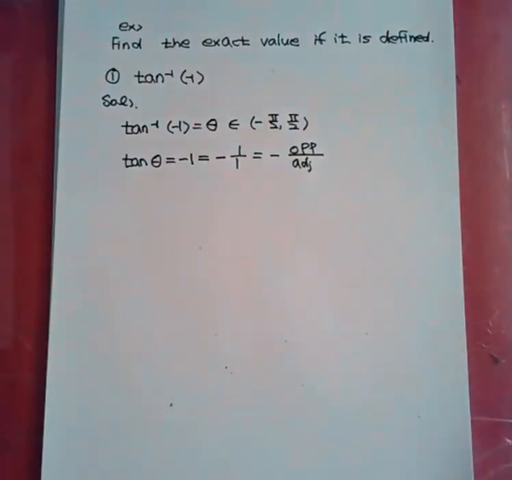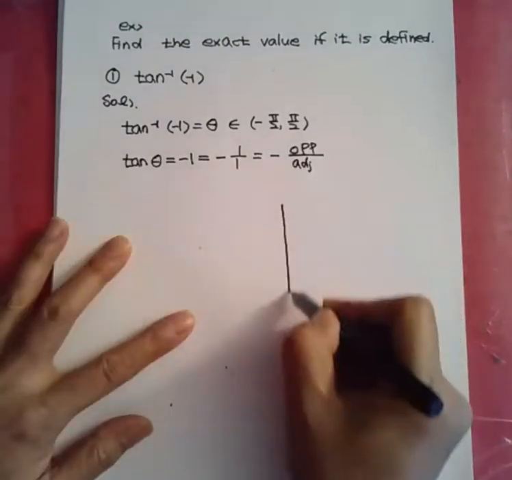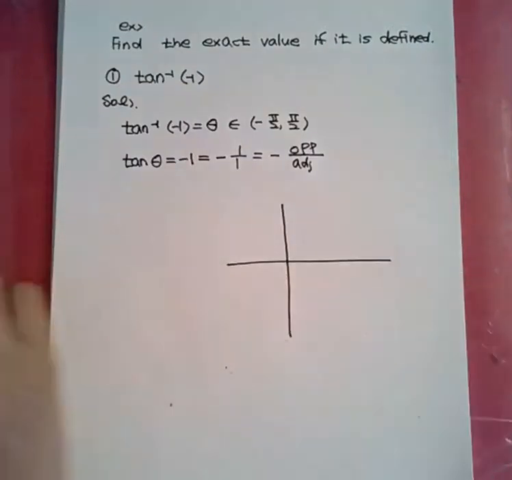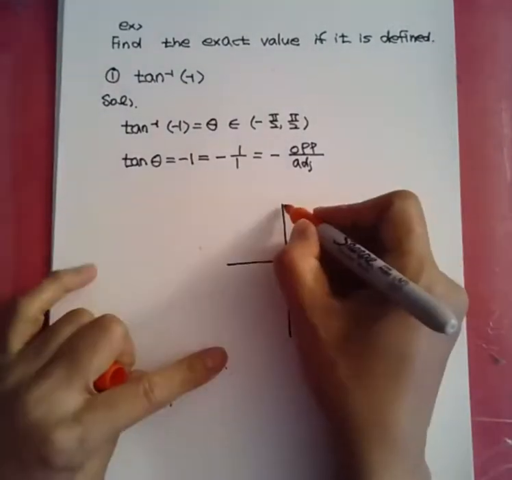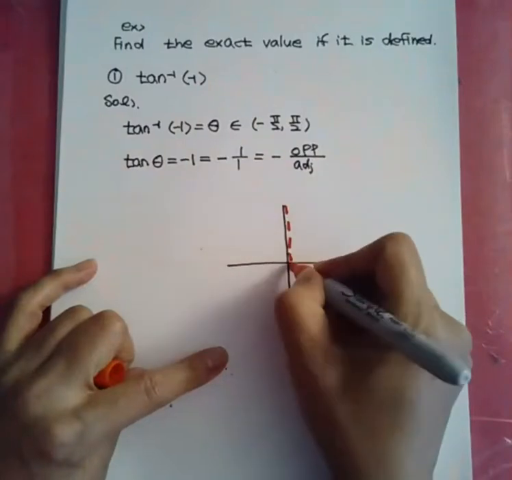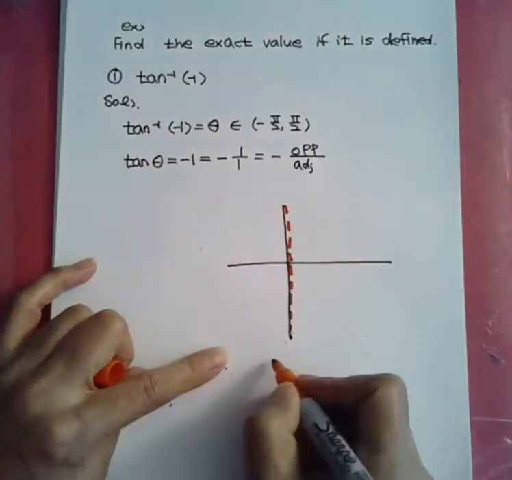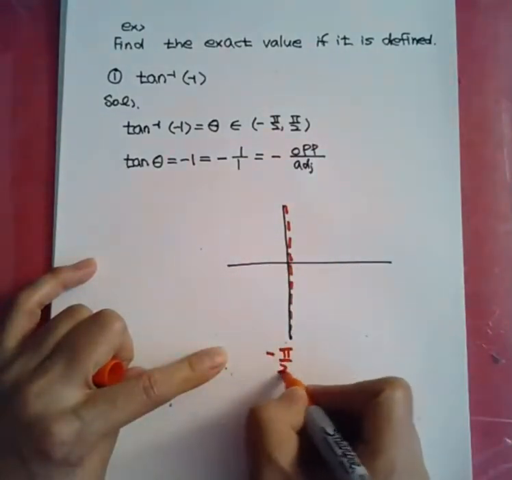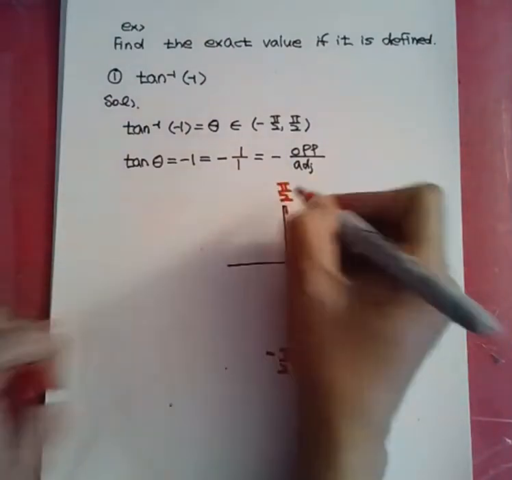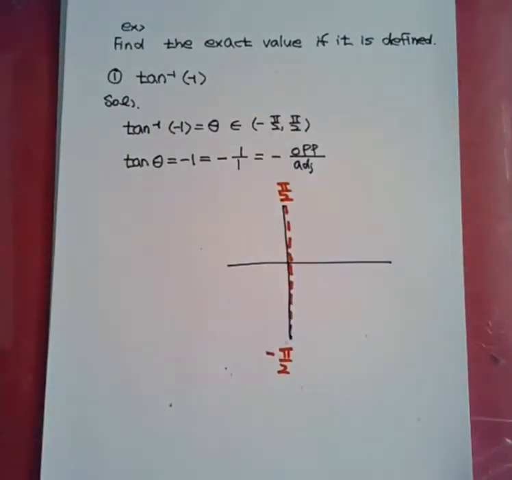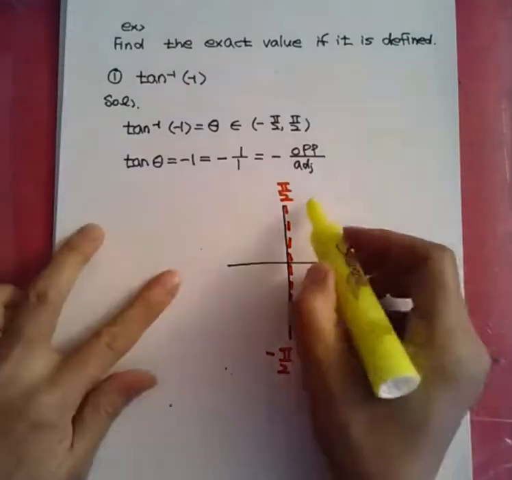What we have to pay attention to is whether the tangent function is positive or negative, because we know that the range of the tangent function is from minus pi over 2 to pi over 2. That is first or fourth quadrant.